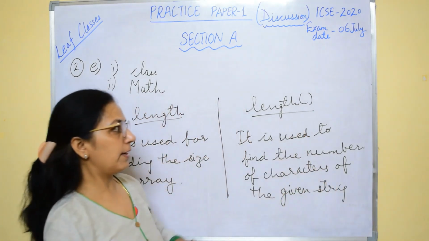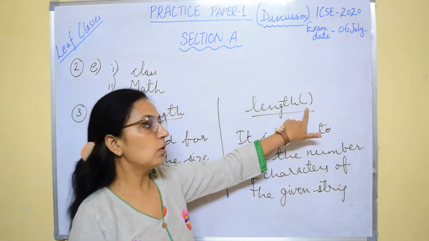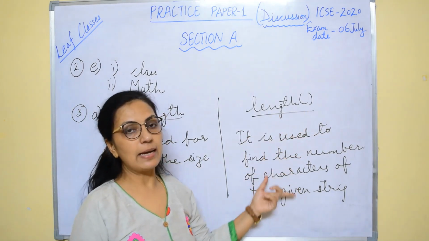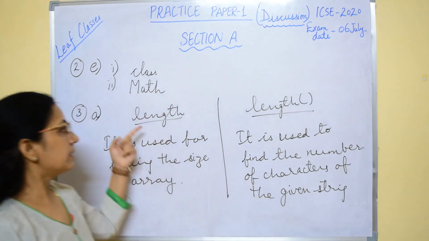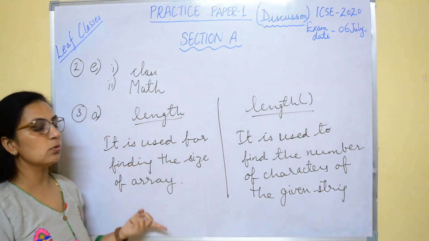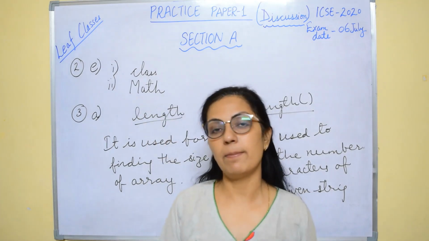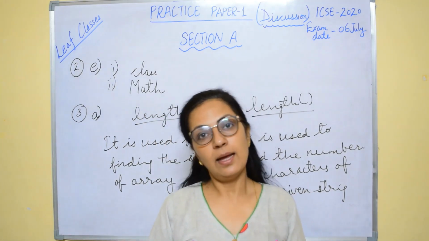The length() function, where small brackets are used, is used for strings to calculate the length, and length, this property, is used to calculate the length of the array or the size of the array or the number of elements present in the array.